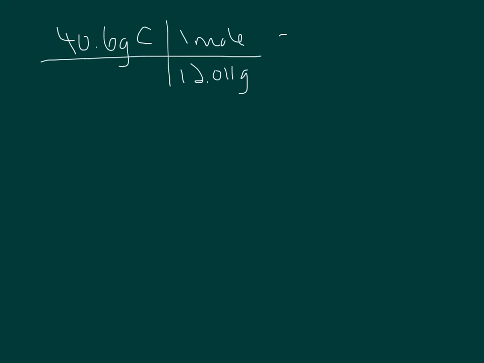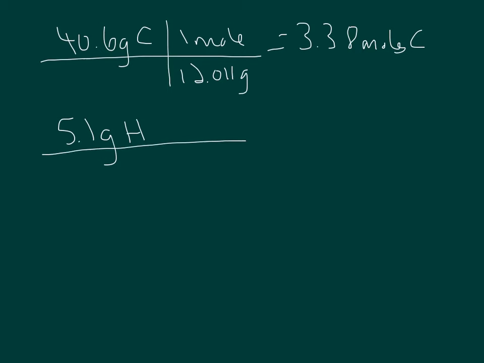So we're going to take the 40.6 grams of carbon, divide it by the molar mass of carbon, and we get 3.38 moles of carbon. Then we want to take the 5.1 grams of hydrogen, divide it by the molar mass of hydrogen, and we get 5.1 moles of hydrogen.